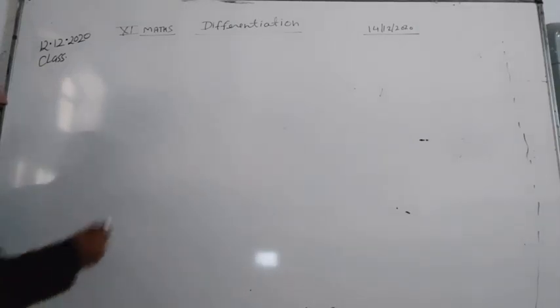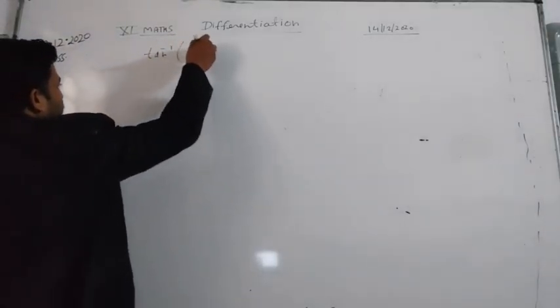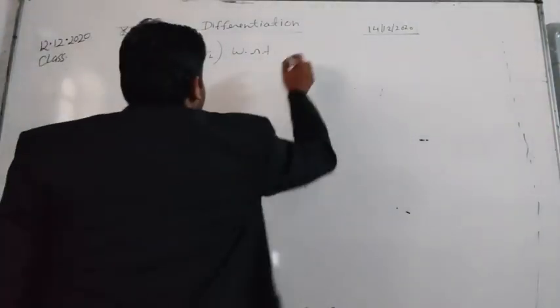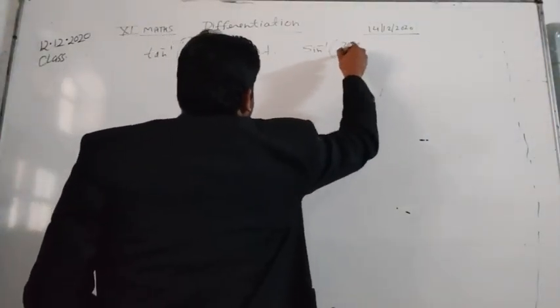Our next question is to differentiate tan inverse 2x upon 1 minus x square with respect to sin inverse 2x upon 1 plus x square.